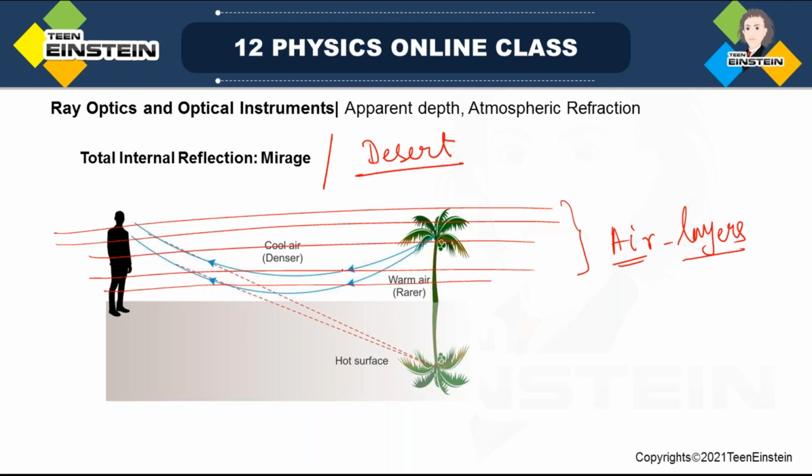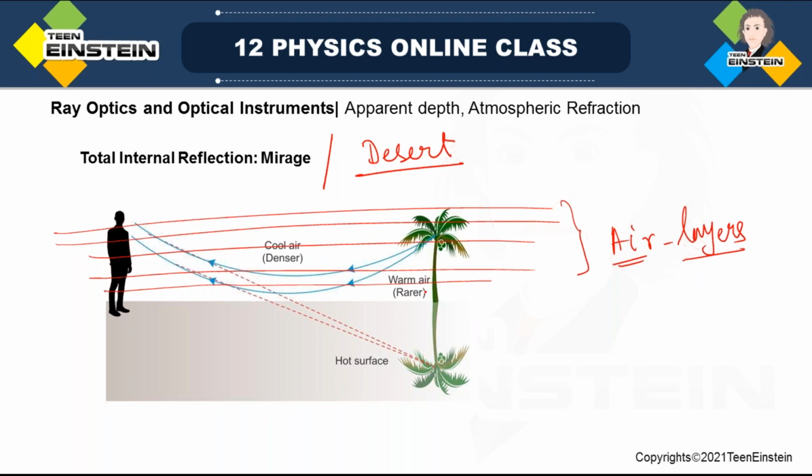It goes in a totally bent path, you can see from here in this figure. So actually it creates an optical illusion that there might be some water, because of which you are seeing a reflection on the ground. So the actual tree is here somewhere, but you will see some reflection of the tree on the ground.